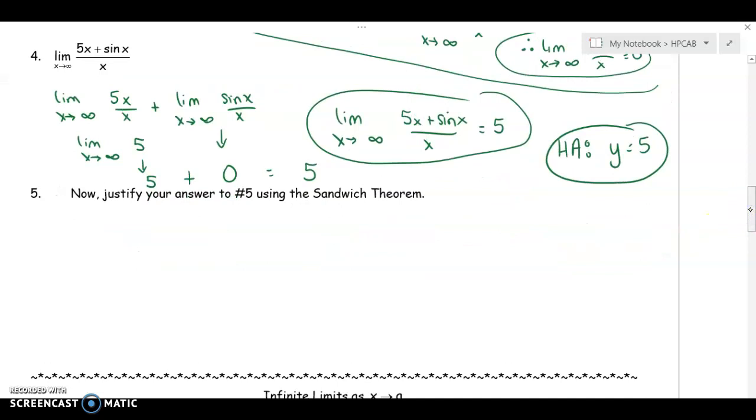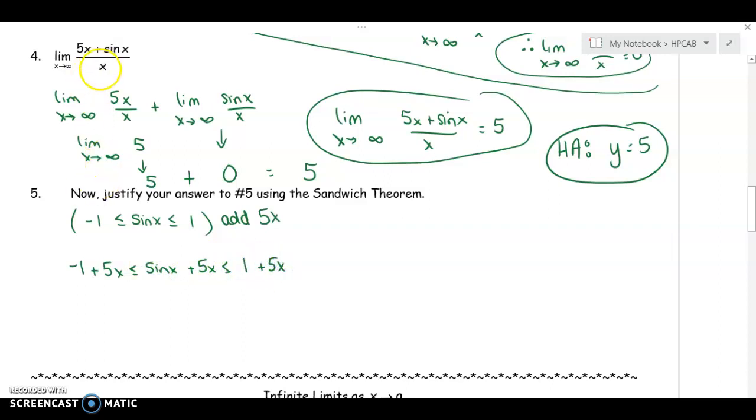Okay, so what we can do is we're going to start off with just sine of x, because with sine of x, we know for sure it's between -1 and 1. From here, we need to get the plus 5x. So what I'm going to do is add 5x to all three sides. So I'm going to get -1 plus 5x, sine of x plus 5x, and 1 plus 5x.